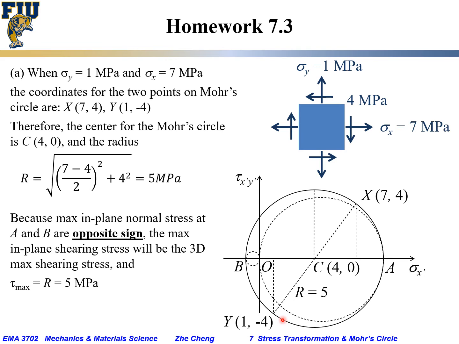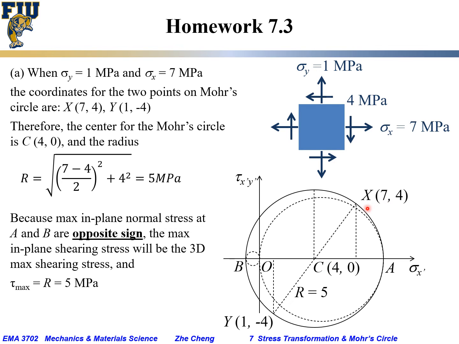So where is the center? We said these 2 points are not arbitrary. When you connect these 2 points, they should go through the center, and the center should be on the horizontal axis. So 7 and 1, the center would be 7 plus 1 divided by 2, which is 4, comma, 0. Once we know the x, the y, and the center, next we will know the radius.